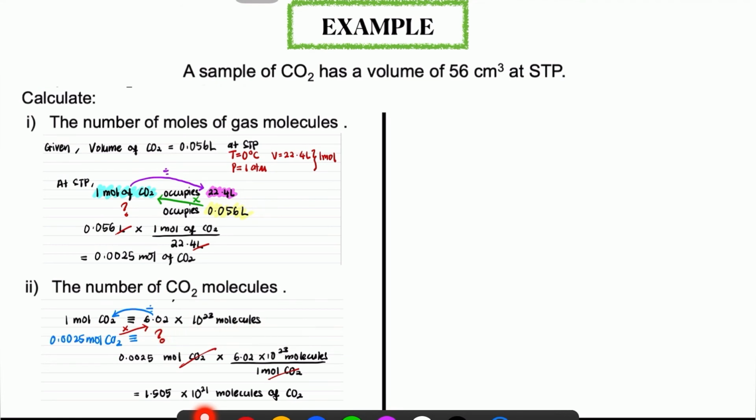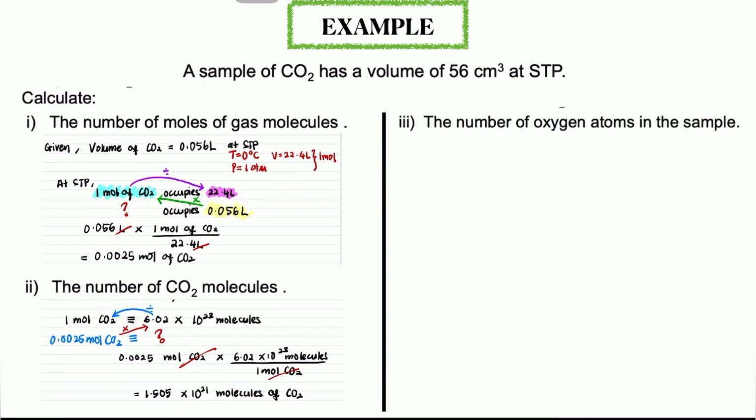Or you can also use words: 1 mole of carbon dioxide contains the Avogadro number of molecules. And if 0.0025 mole of carbon dioxide, how many molecules does it contain? Then this value, 0.0025 mole carbon dioxide, times the Avogadro number divided by 1 mole of carbon dioxide. This is a conversion factor, and then you will get the molecules of carbon dioxide, this value, 1.505 times 10 to the power 21 molecules.